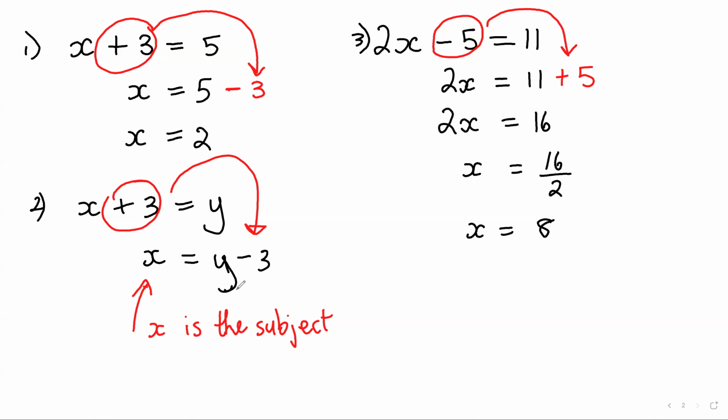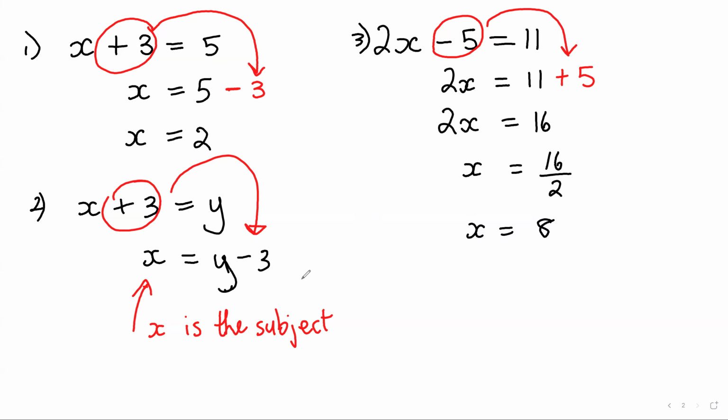So in the event that I find out what y is, I could figure out what x is. For instance, if y is 9, then x would be 9 take away 3, which is 6. So depending on whatever y is, I'll be able to determine what x is because I know the expression that x is equal to.